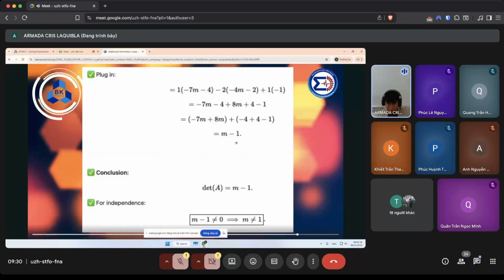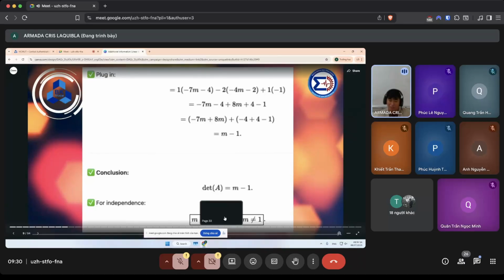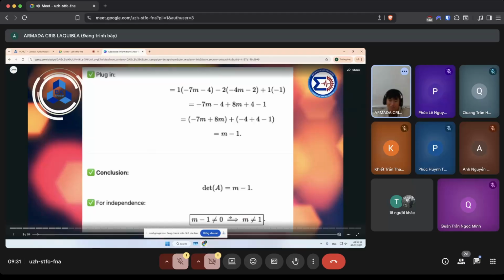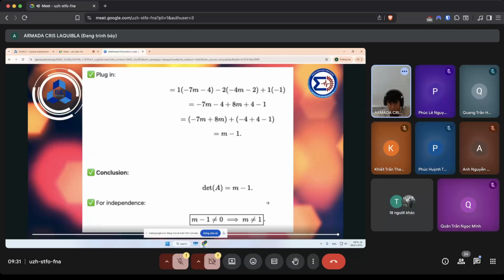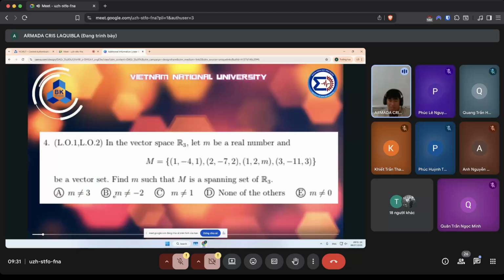So your determinant of A is equal to m minus 1. And this one should not be equal to 0. So your m minus 1 should not be equal to 0. And that's it. It means that your m must not be equal to 1, because if this is 1 here, so 1 minus 1 is equal now to 0. So that's it. The answer here is letter C.